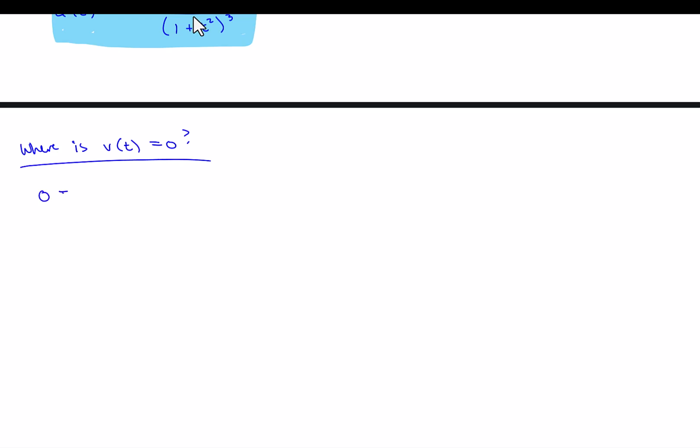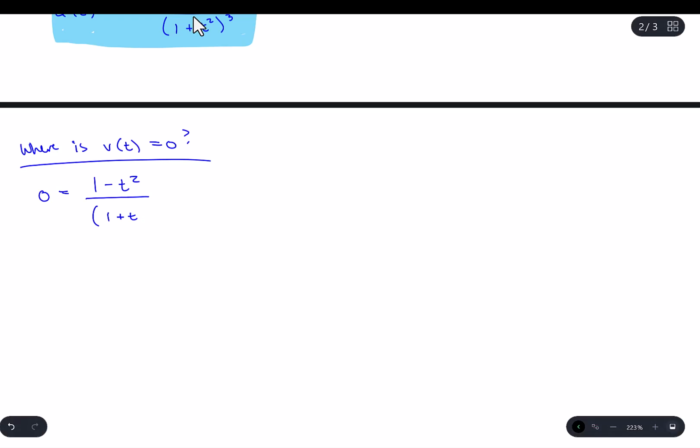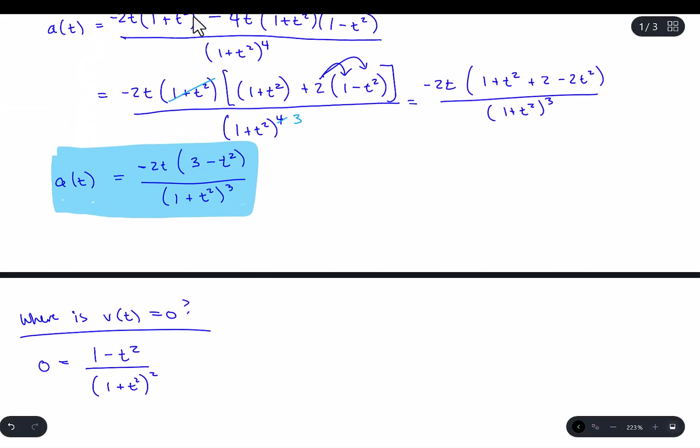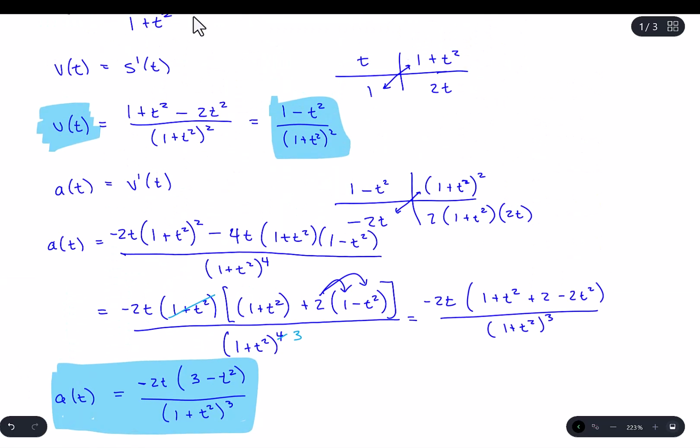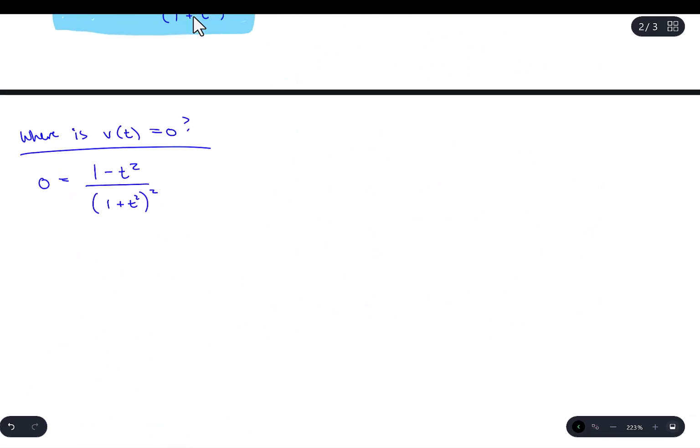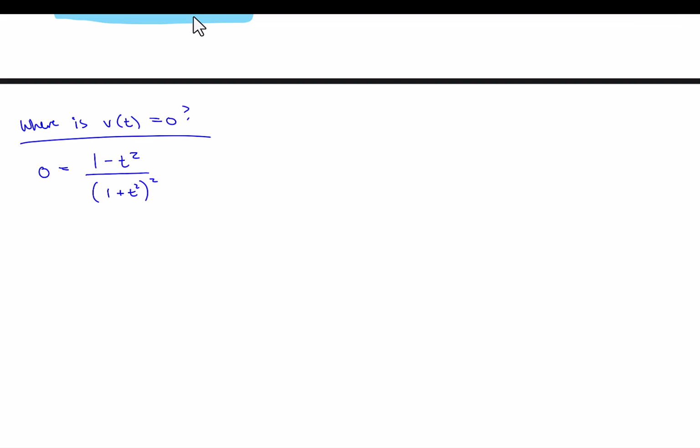So I'm going to take my velocity function, which was 1 minus t squared all over 1 plus t squared, quantity squared. And let me just double check that real quick. Yep, looks good. And let's see.